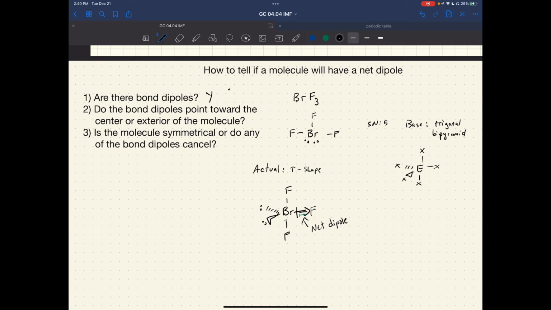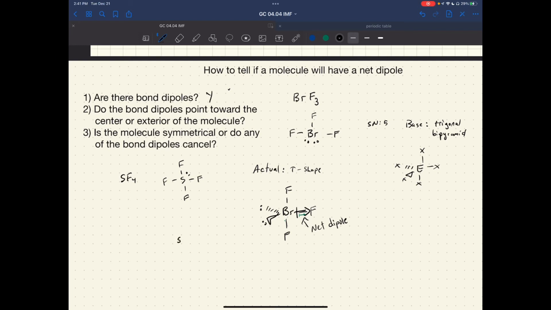All right, now a tricky one is something like a seesaw. So let's look at SF4. Okay, so SF4, if I do my Lewis structure, it is also a steric number 5.